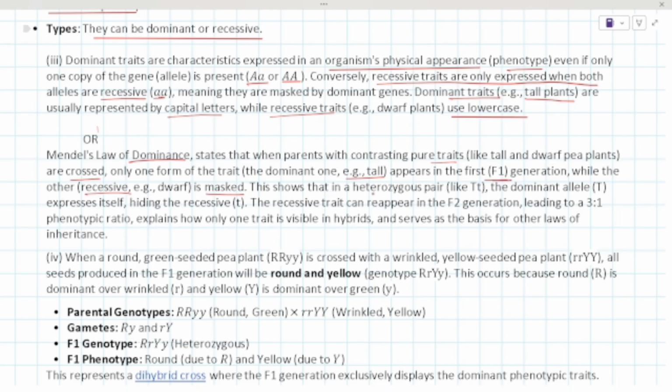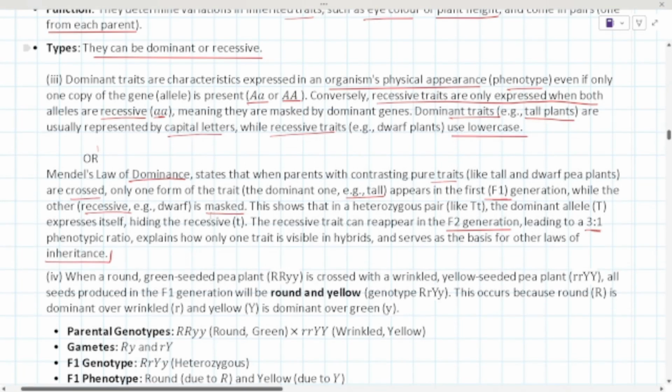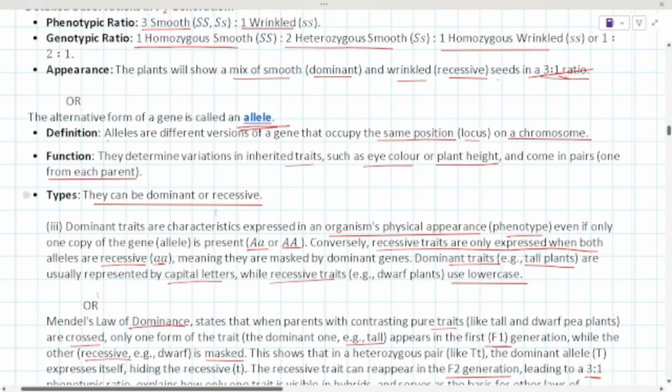In a heterozygous pair like Tt, the dominant allele T expresses itself, hiding the recessive t. The recessive trait can reappear in the F2 generation, leading to a 3:1 phenotypic ratio. This explains how only one trait is visible in a hybrid and serves as the basis for the other laws of inheritance. Is it clear now or any doubt?